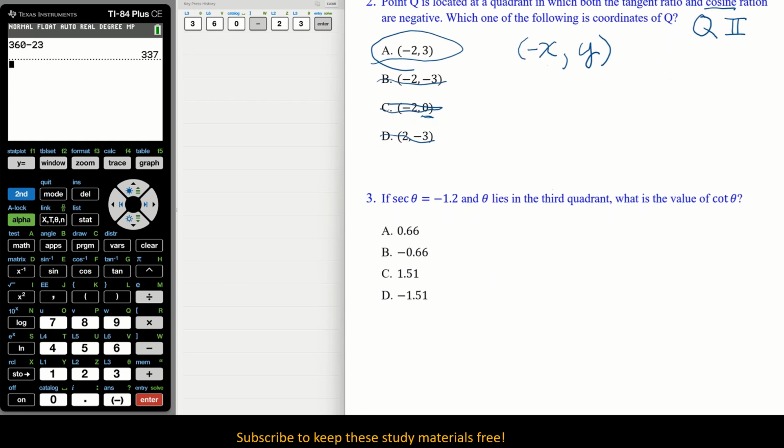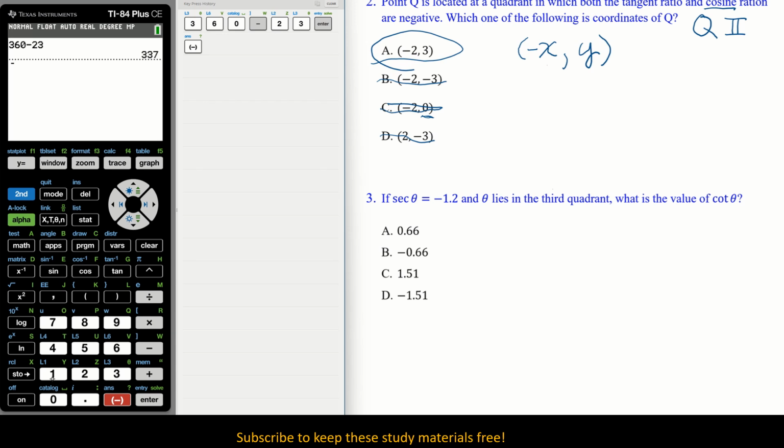Now if secant theta equals negative 1.2 and theta lies in the third quadrant, what is the value of cotangent theta? The first thing we're going to do is take that negative 1.2. Our calculator is going to cut off some worry, time and mental frustration.